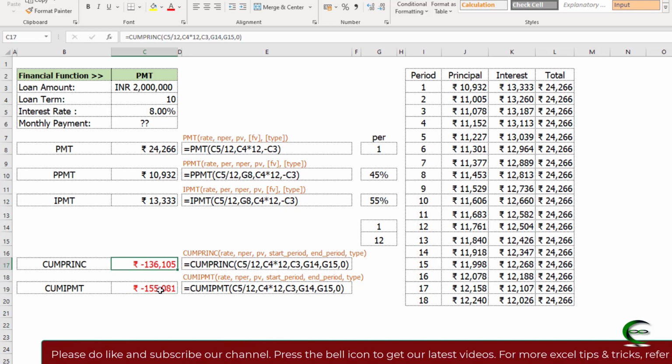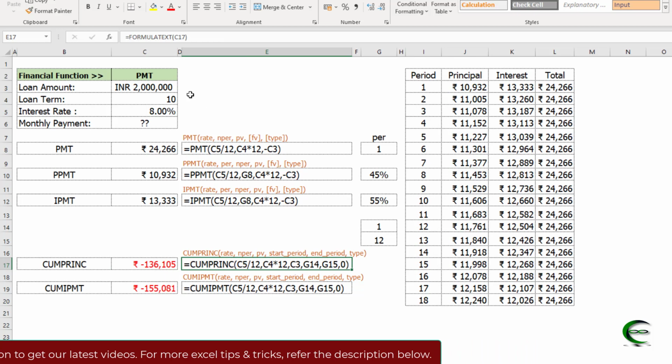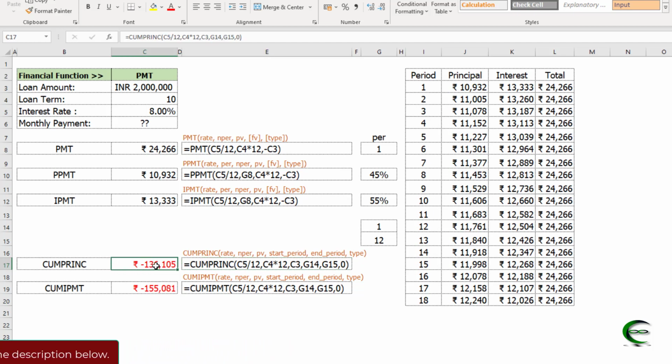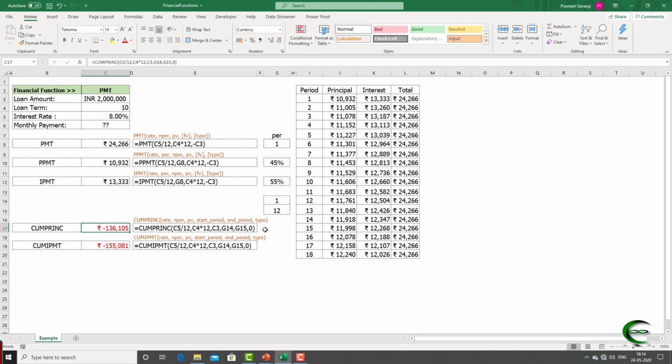The CUMPRINC and CUMIPMT functions always show values in negative. If we try to put a PV value as we did in PMT or IPMT, it will give an error message. Let us check. Now it is showing cumulative principal of the first 12 EMIs.